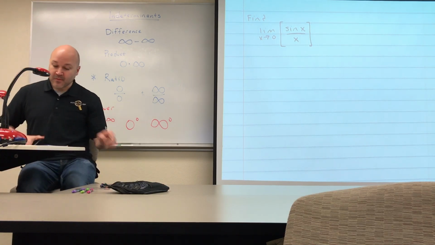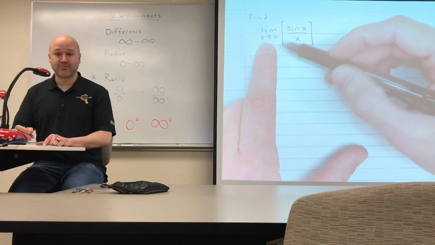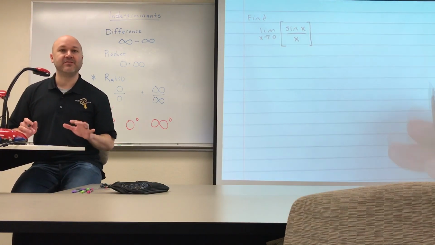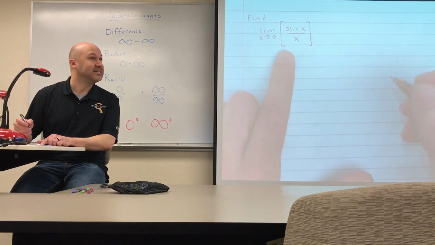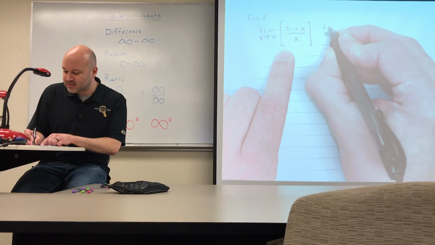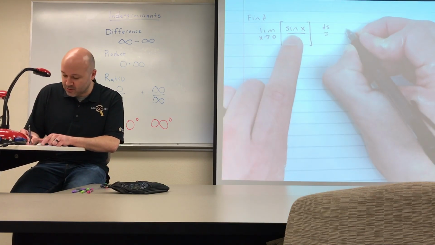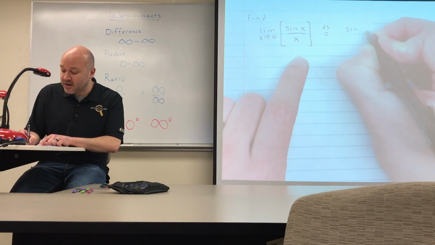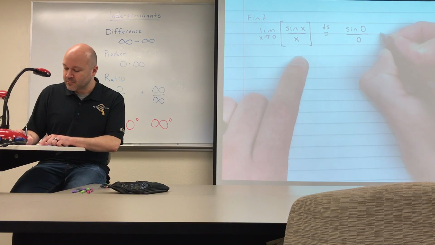I am evaluating the limit of this function as x approaches 0. This is not a derivative, this is a limit problem. So I first try direct substitution. That just means I plug in a 0 wherever I have an x. So I have sine of 0 divided by 0.